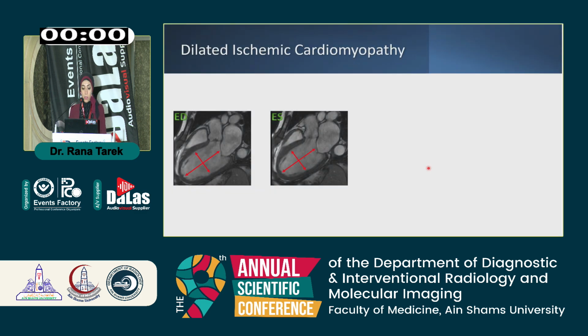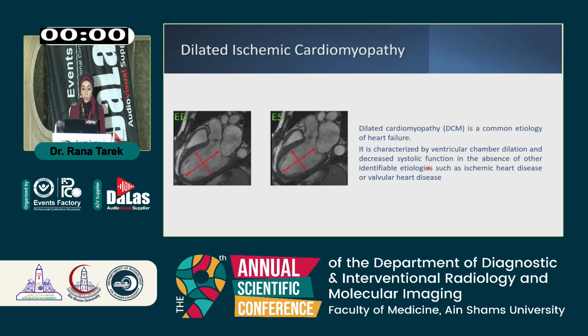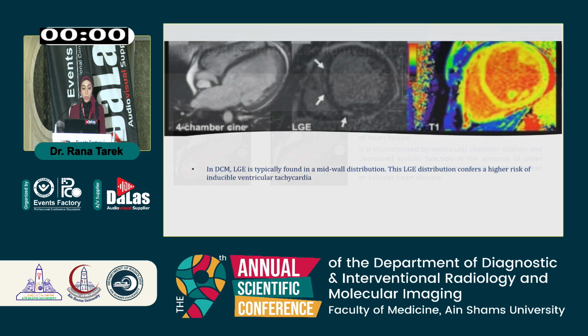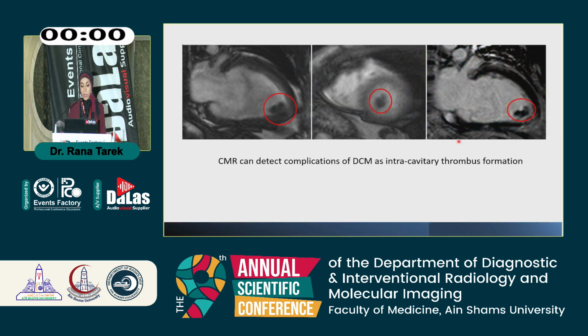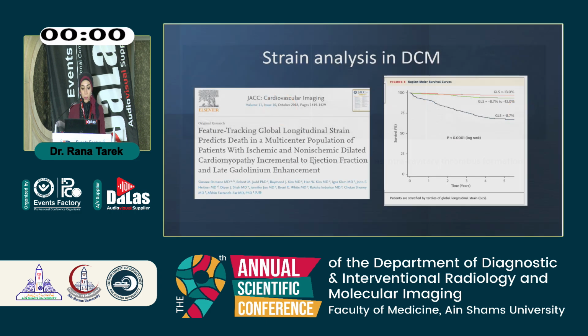Dilated cardiomyopathy is a common etiology and is characterized by ventricular dilatation. Of course, the late gadolinium enhancement is important, and in this case, unlike the ischemic, it's not subendocardial or transmural, and it's not territorial. It's usually mid-wall enhancement with an increase in T1 mapping values, the native T1 values, and also the MRI can help in detection of intracavitary thrombus formation.